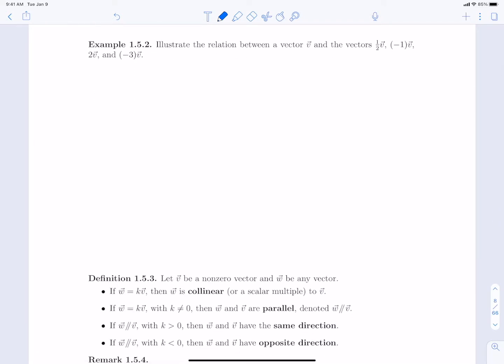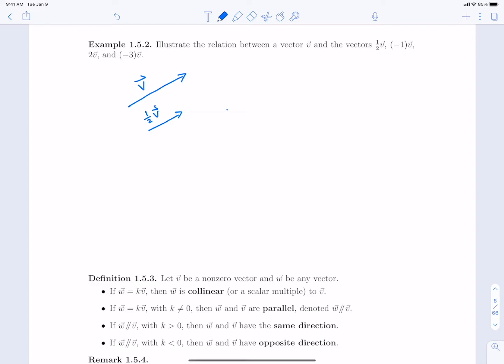So we want to start by, let's give ourselves an arbitrary vector v. So I'll call that v. And then it asks us, well, can we demonstrate the different scalar multiplications of 1/2 v, negative 1v, 2v, and negative 3v? So I'll do my best. These might all be approximate, so I would put about 1/2 v to be right there.